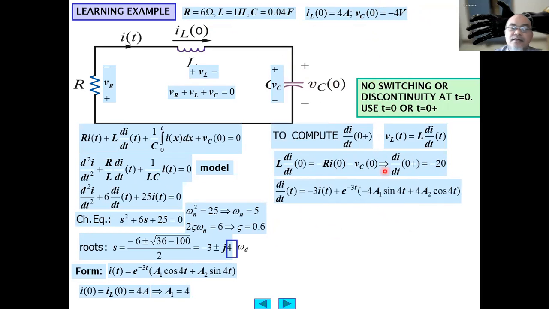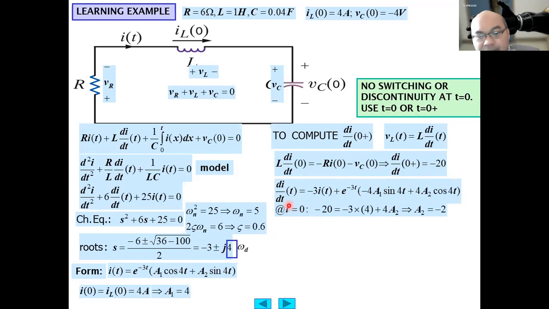So we can insert this into this equation. The di/dt equals minus 3 times i(t) plus exponent minus 3t times minus 4 A1 sine 4t plus 4 A2 cosine 4t.